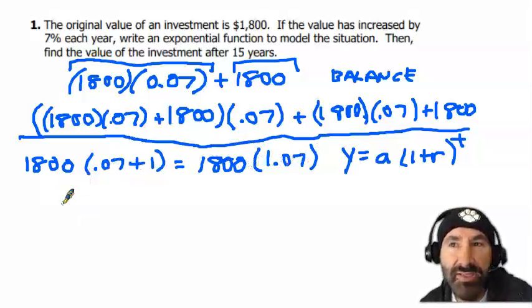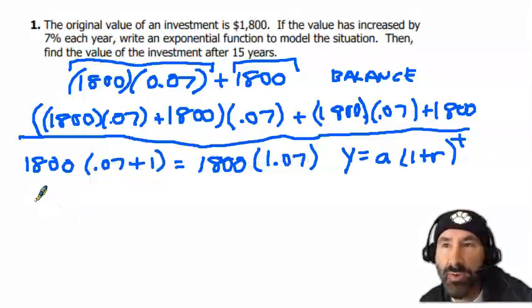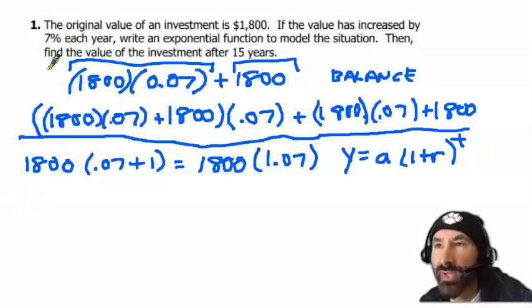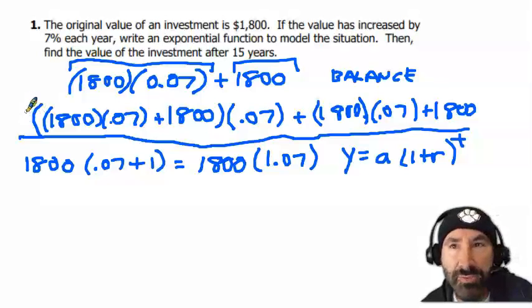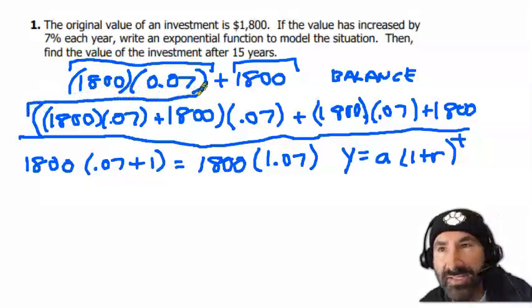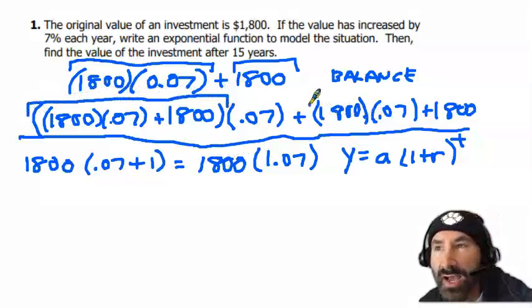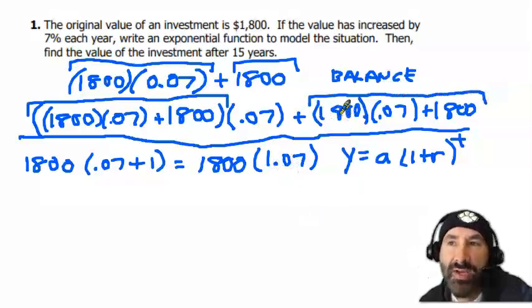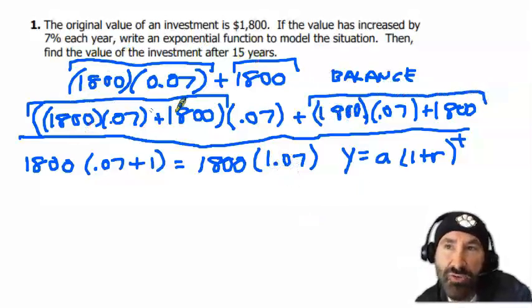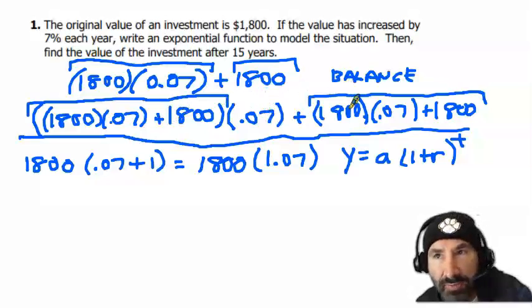Let's take a look at the balance at the end of year 2. So again, all this stuff right here is simply this. So what's happening is, I'm going to be multiplying. I have a GCF, and the GCF is kind of huge. My GCF is all this because I have the same thing written exactly right over here. All I'm doing that's new, if I take that GCF out, I just multiply the end of the first year balance times 0.07 plus 1.